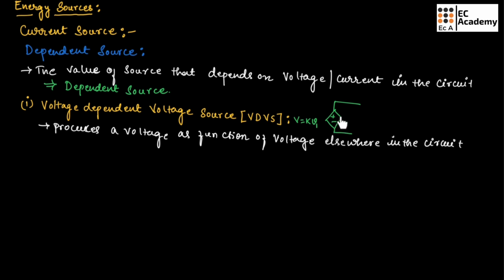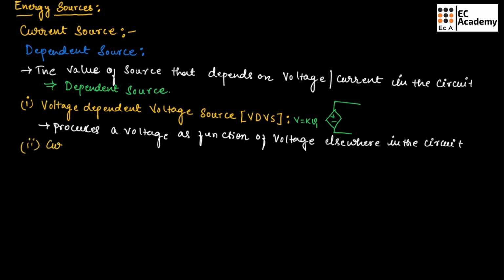Dependent sources are always represented in the form of a diamond shape, as you can see in this representation, where we have written V is equal to K Vi. So here the voltage V is dependent on another voltage which is small vi. That's why it is known as voltage dependent voltage source.